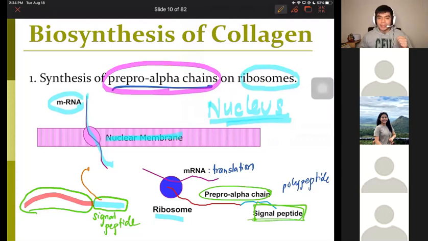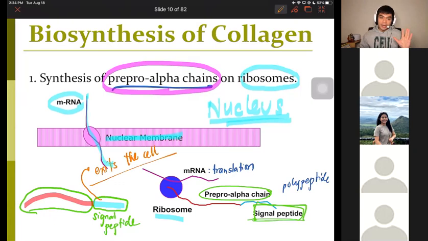Okay, signal peptide. Tandaan, as a general rule, essentially speaking, kapag ang isang polypeptide chain ay may signal peptide, ang nagiging fate o nagiging kapalaran ng polypeptide pag siya ay nagawa, ilalabas siya. So, exits the cell. Ultimately, yung isang polypeptide na may signal peptide ay eventually lalabas ng cell.